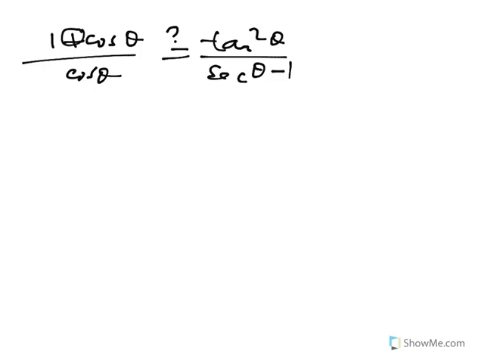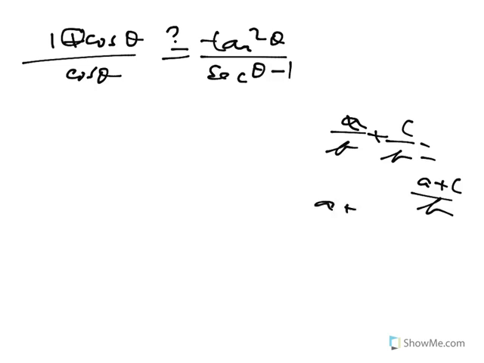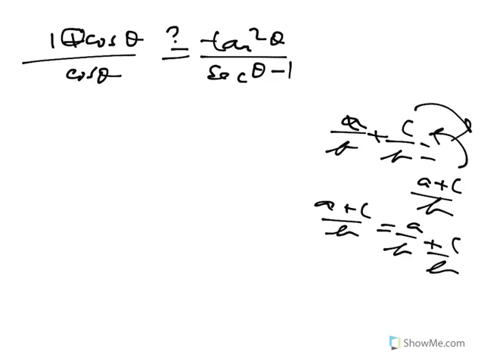So just like you can add together fractions with common denominators, like a over b plus c over b is a plus c over b, well, you can also go in the opposite direction. If you have a plus c over b, you can split it up into a over b plus c over b. Normally we don't do that. Normally we go in the other direction, but we can go in this direction if it helps us.